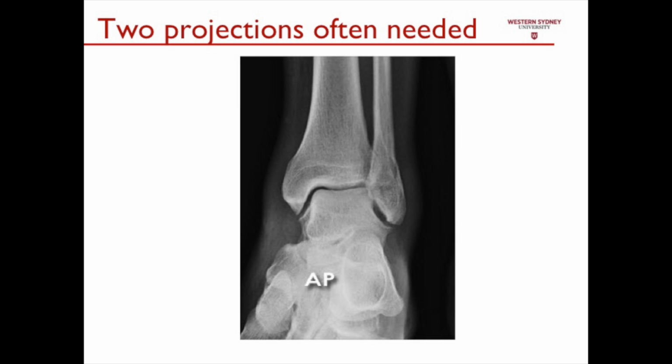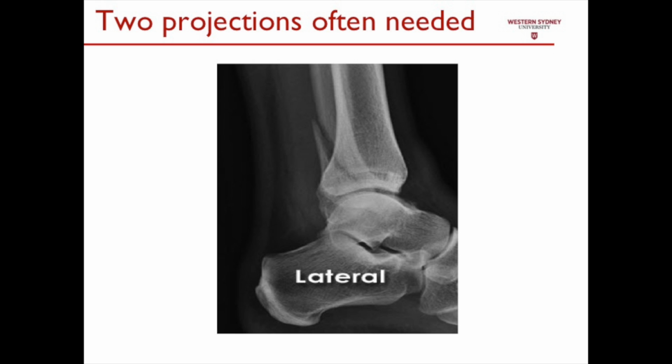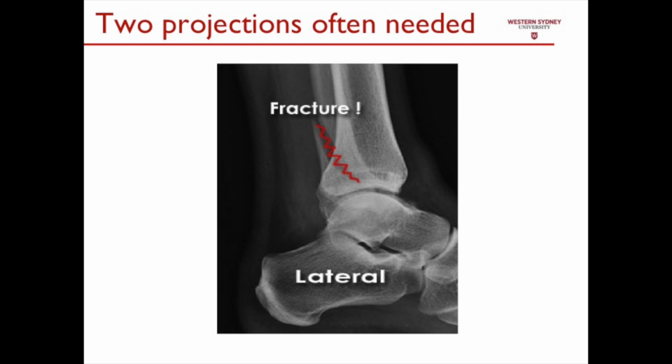If we look at this X-ray, we will note the alignment and we will look for any inconsistencies, and we will be forgiven for thinking that all is well in this ankle. However, I hope that you would be able to detect that we have a fairly visible fracture here. And for those of you that may have not been able to detect the fracture, you can see that the fracture is highlighted here.